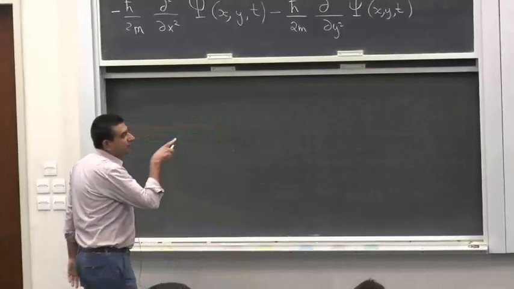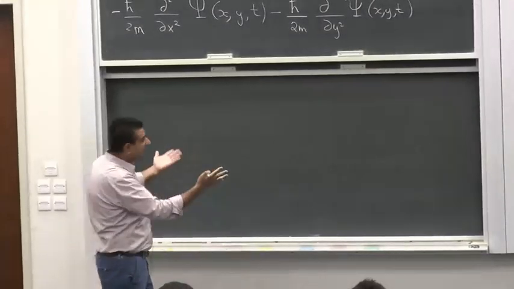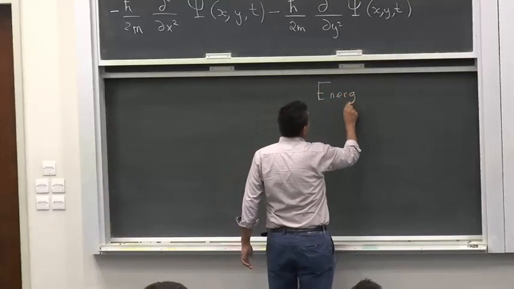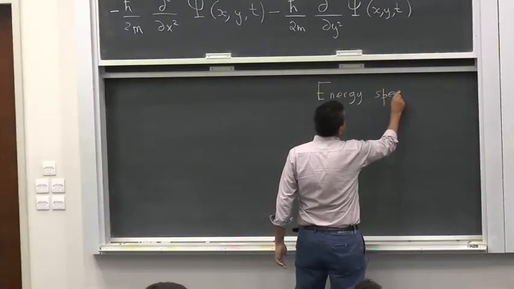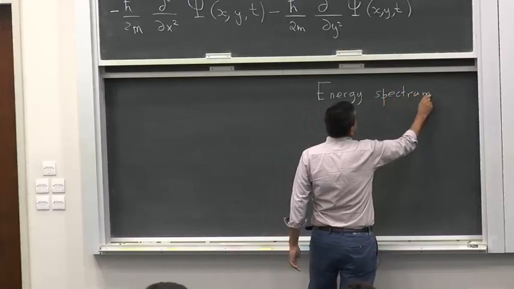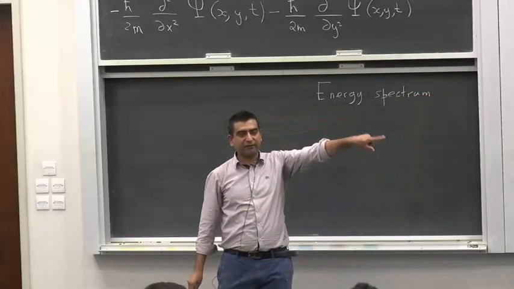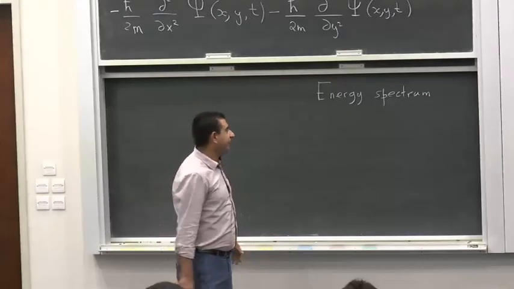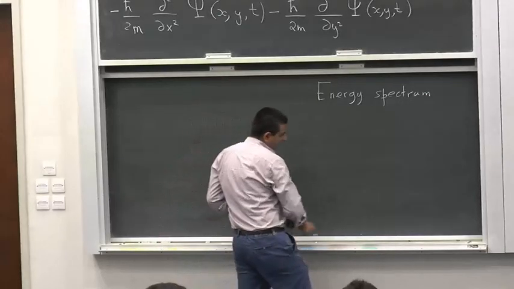Now let me look at the energy manifold. What I'm going to do now is draw the energy spectrum, based upon the formula over there for the 2D system. The energy spectrum, in an infinite well, looked like this.